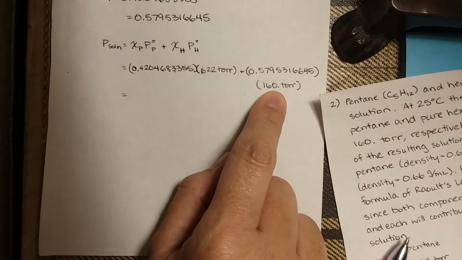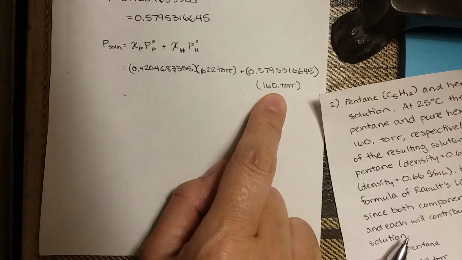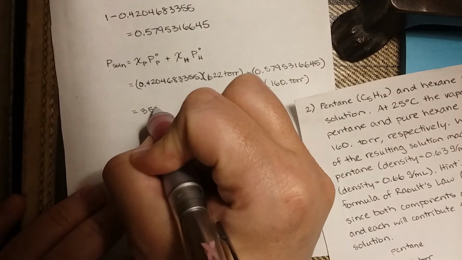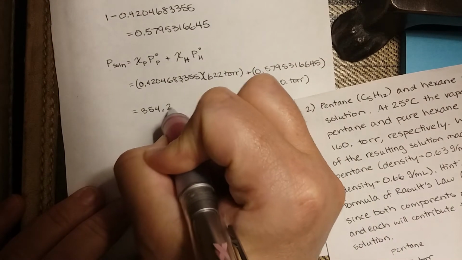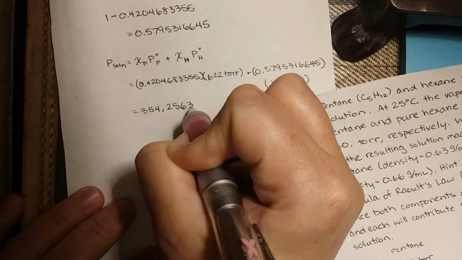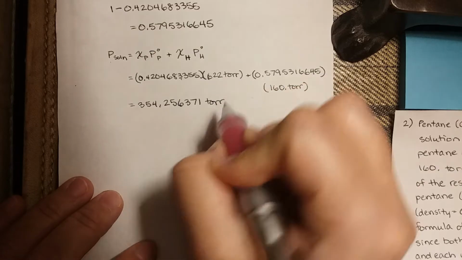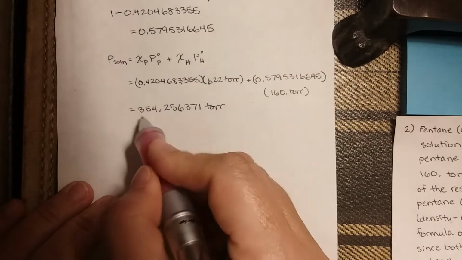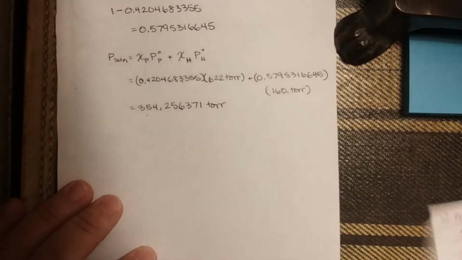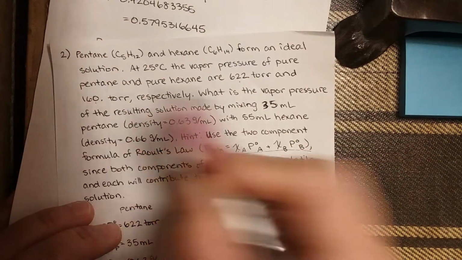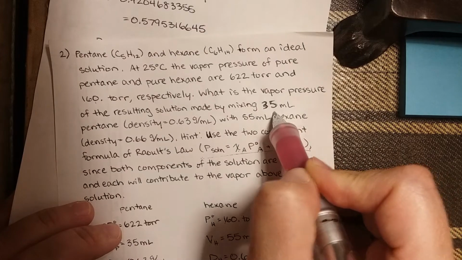And when you put this in the calculator, you don't have to put that dot. And that gives me 354.256371 torr.